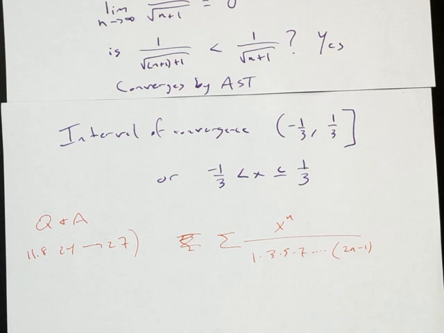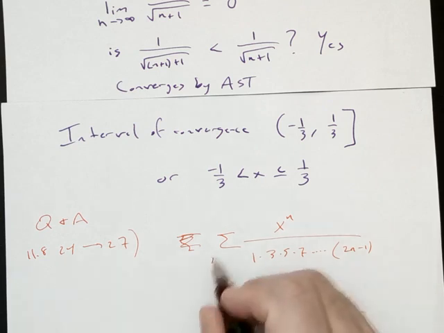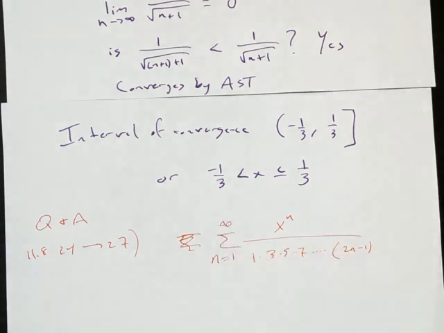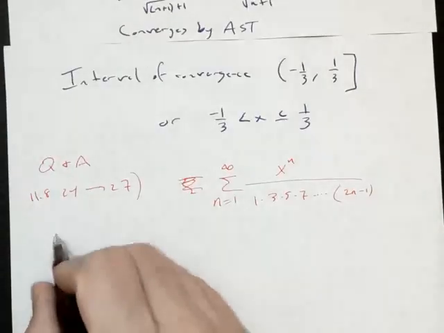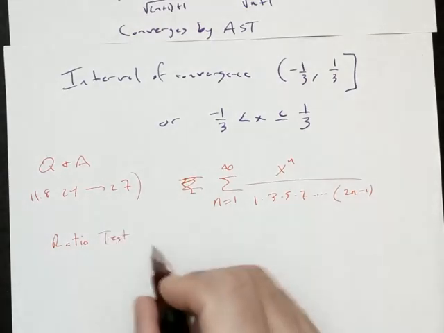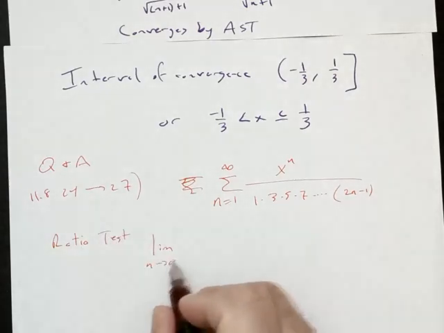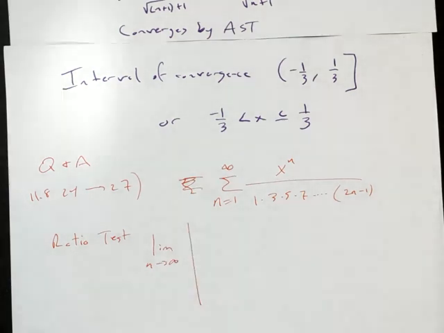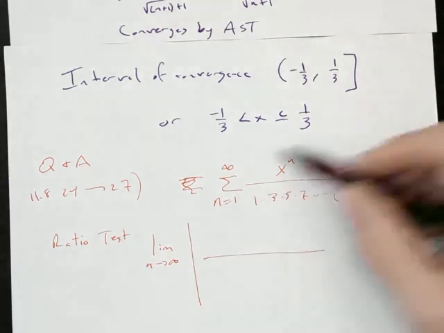So I think, because it's kind of like a factorial, I'm going to approach this like the ratio test, which is the best thing to do for power series. Okay. This is the expression for a_n.